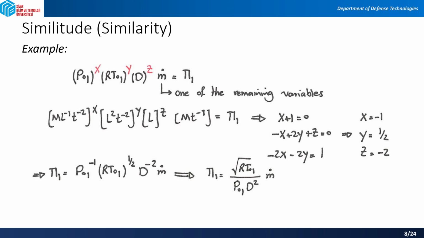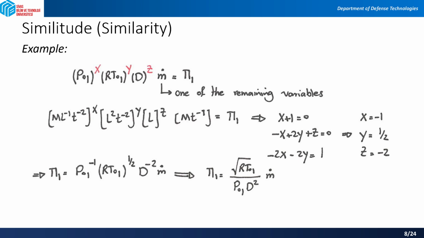So your pi 1 will be equal to P01 to the minus 1, so this is x here, times the square root of RT01, this is your y in here, and then you have this, which is your z in here.